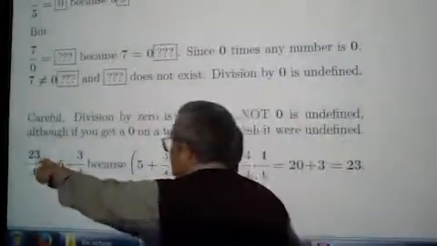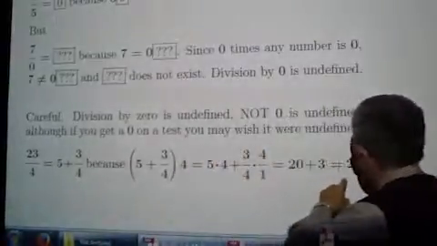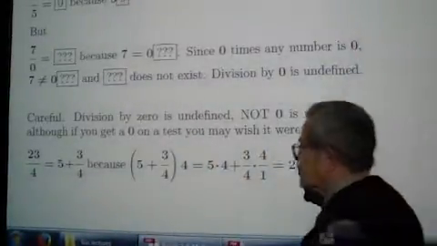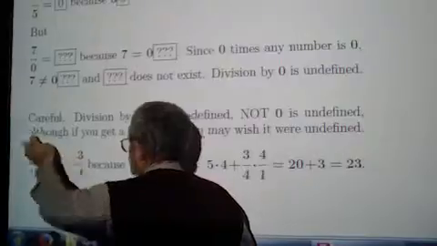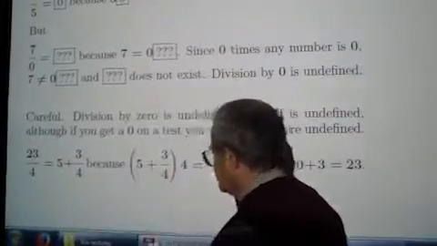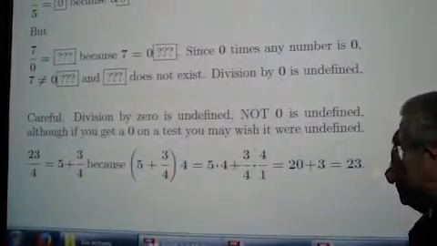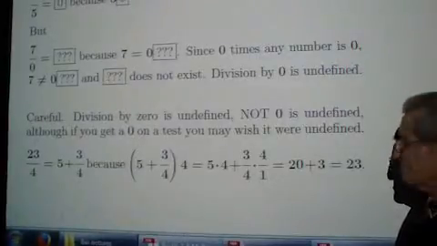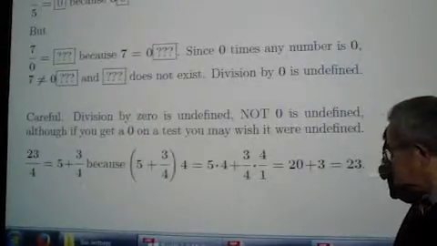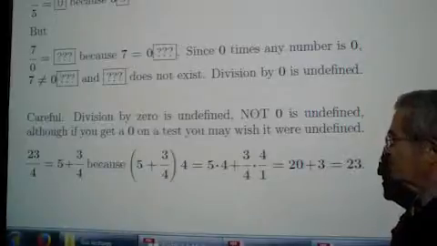You're supposed to get 23, and you do get 23. So I multiplied the denominator by the quotient, which gave me the numerator. You need to look at that. Okay, I'll go on.